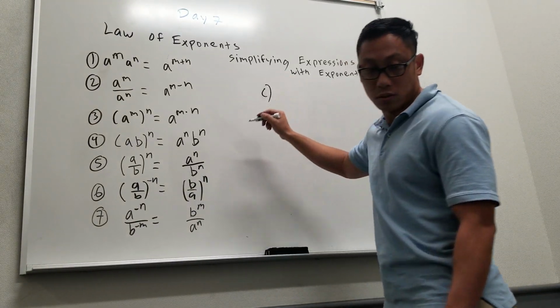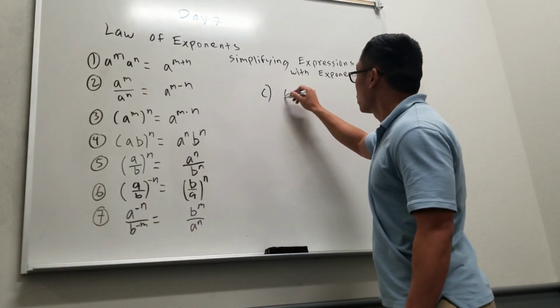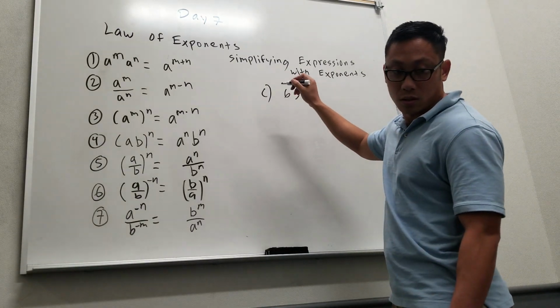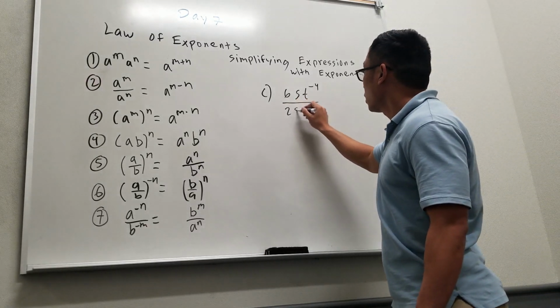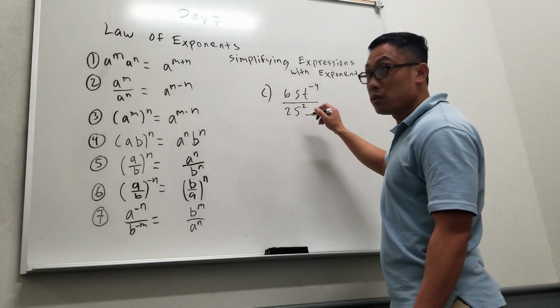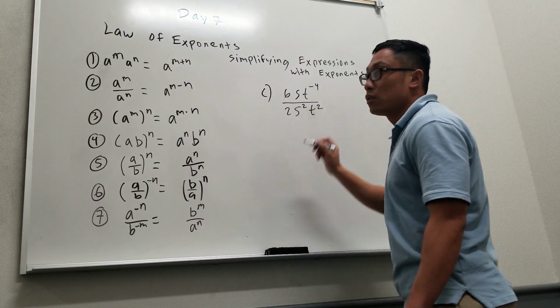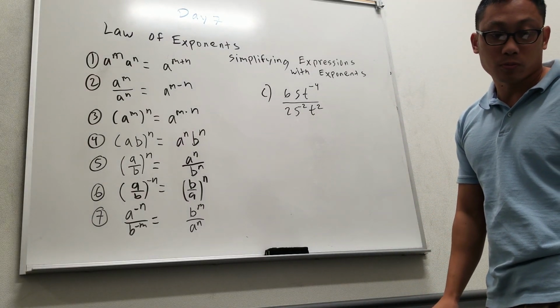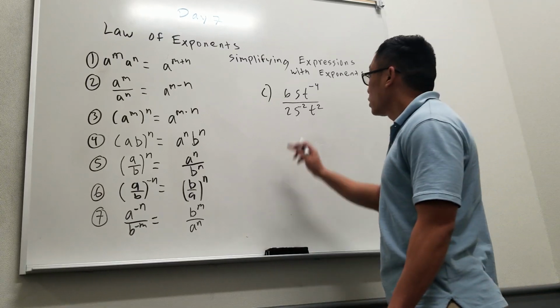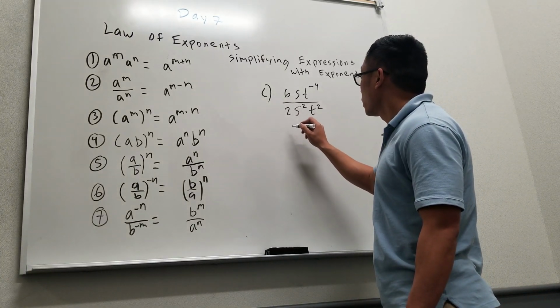6st over 2s negative 2t squared. Okay, so 6 divided by 2, I can do that first, that's 3.